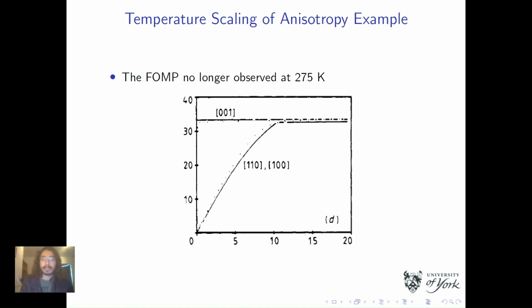As we can see here, the higher orders of anisotropy decrease more quickly and have effectively disappeared. So now at 275 Kelvin, this first order magnetic process is no longer shown. It no longer manifests itself because the higher orders of anisotropy have essentially disappeared and there's no more of this local minimum occurring.